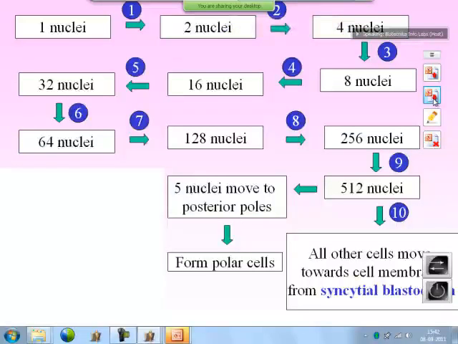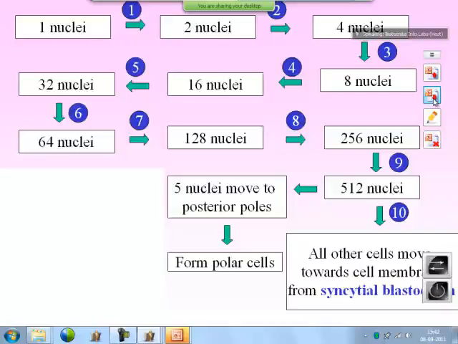But when the 9th cleavage takes place and 512 nuclei are formed inside the cell, then 5 nuclei out of 512 nuclei will migrate towards the cell membrane. Okay, fine. Now why only these 5 nuclei will migrate? There are some mRNA and some proteins associated with these nuclei, which will guide the nuclei.